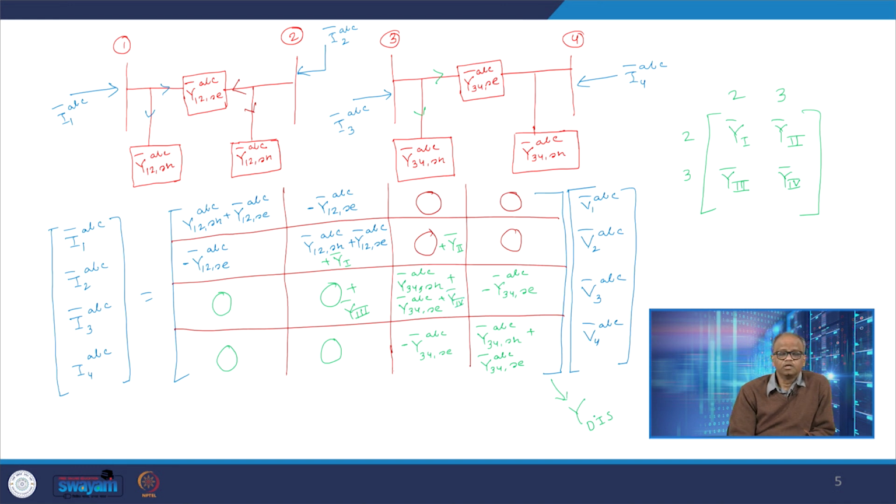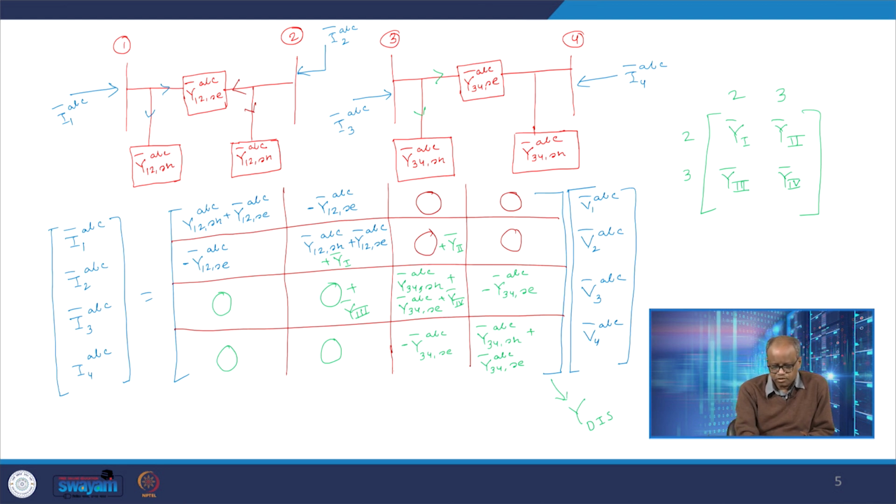To get the original Y matrix from the disjoint matrix, after we form the disjoint Y matrix, we simply locate the buses for which these 4 matrices y1, y2, y3, y4 are present, and then add y1 to the bus 2 2 element, y2 at the entry 2 3, y3 at the element 3 2, and y4 at the element 3 3.